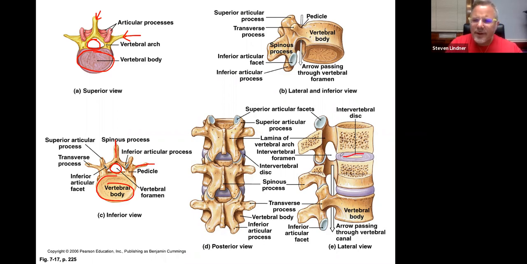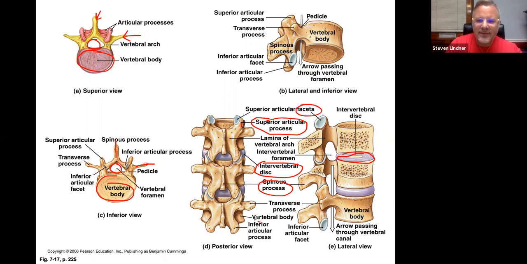Between each vertebra is an intervertebral disc. You can see IVD, intervertebral disc. Here's the spinous process. Here is the superior articulating process. This is the superior articulating facets.